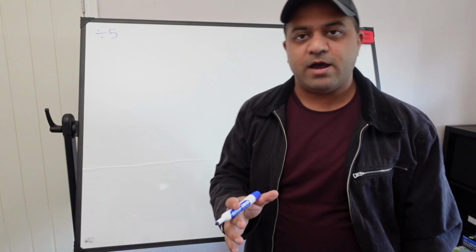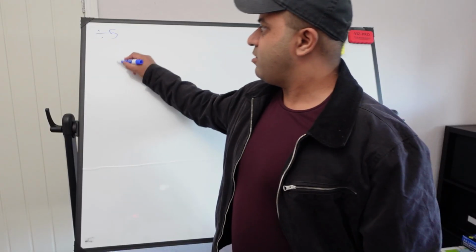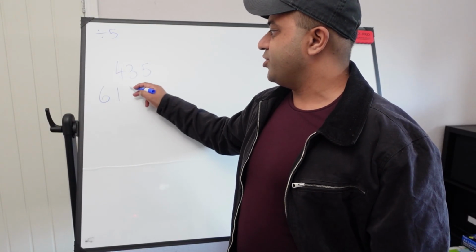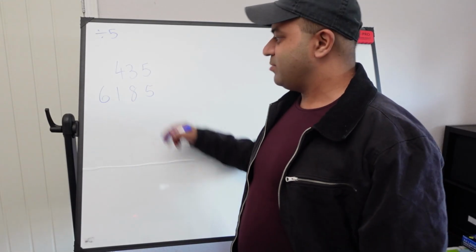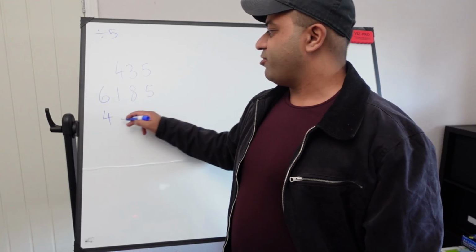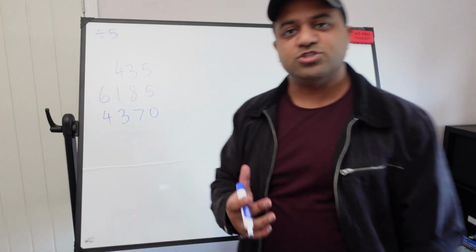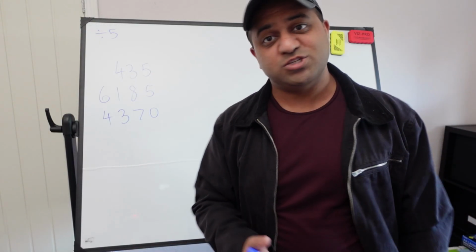I'm going to write down 2 examples of numbers that I know are divisible by 5. 435, 6,185. And maybe one more example. Let's have 4,370. I know all of those numbers are divisible by 5. How do I know that? I'm sure you know this one as well.